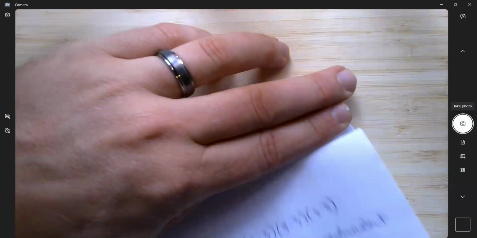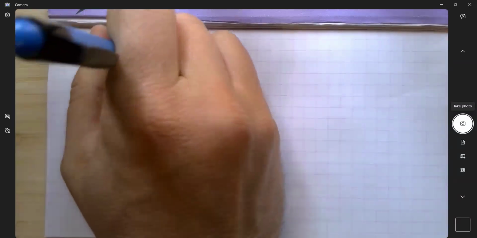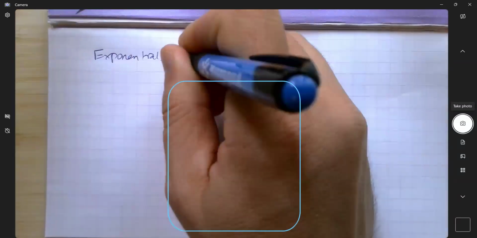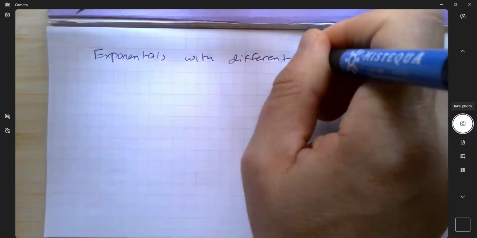Now let's look at what happens if you are doing exponentials and they don't all have the same base. Exponentials with different bases.